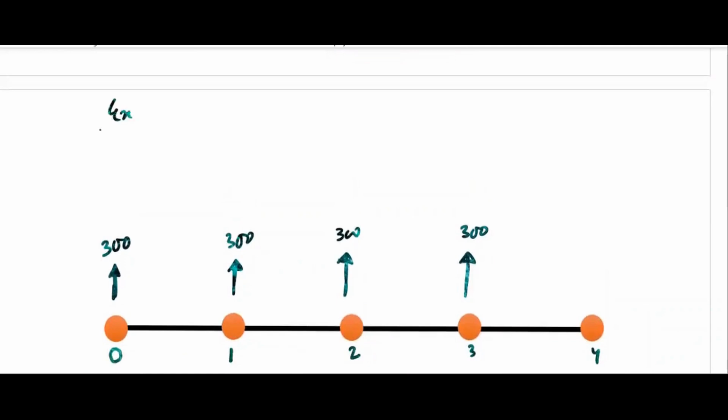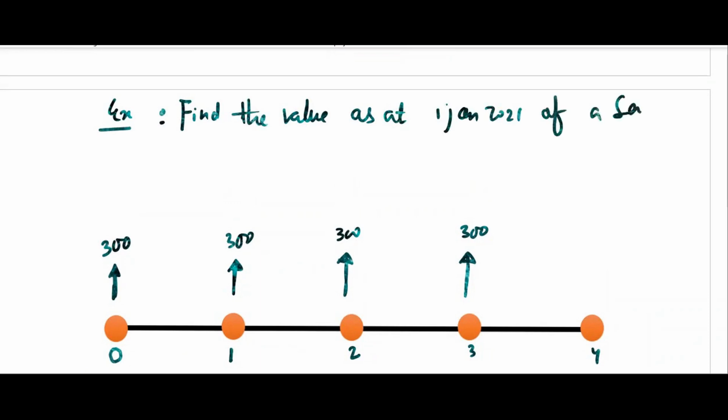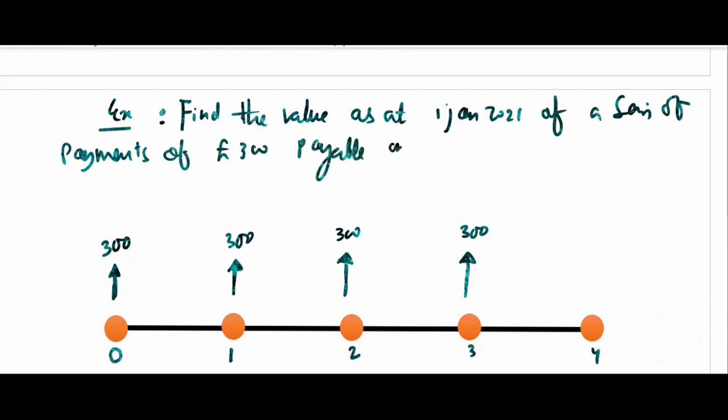Let me write here: find the value as at 1 January 2021 of a series of payments, 300 payable on, see, I will match the dates.